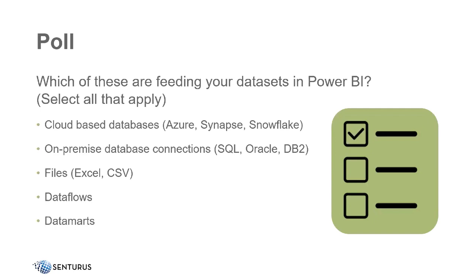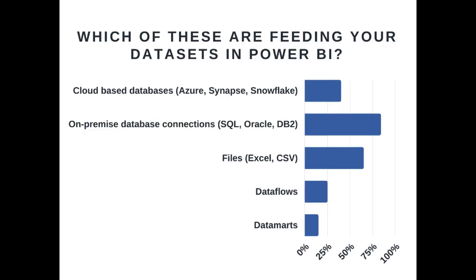Basically, what we're seeing is 83% of you are using on-premise databases. 85% responded. 84% of you are using on-premise database connections. 65% of you are using files, and that is one of the big things we're going to talk about today.